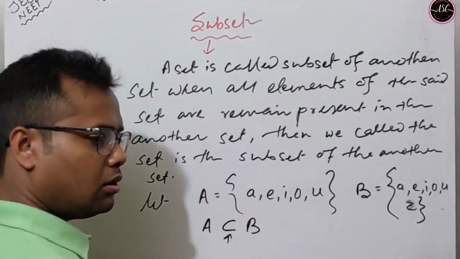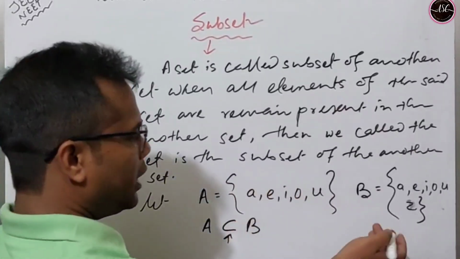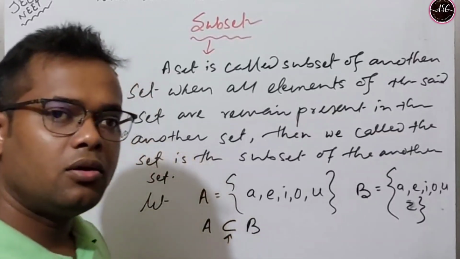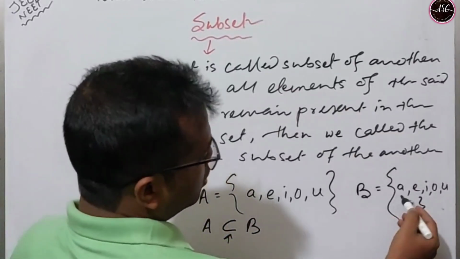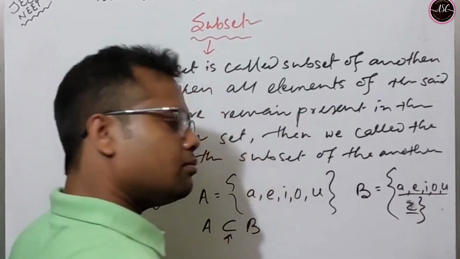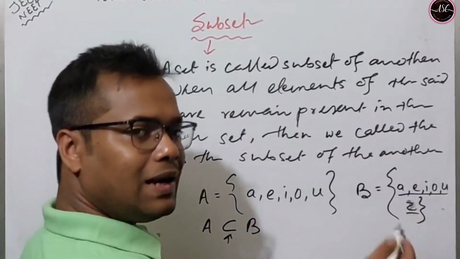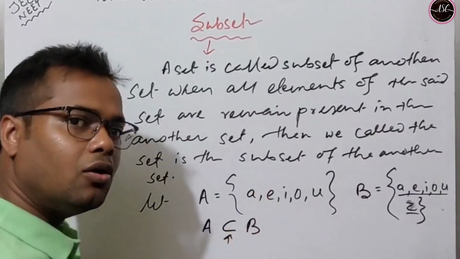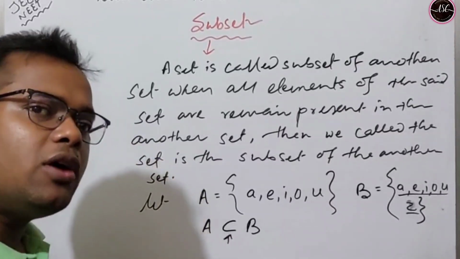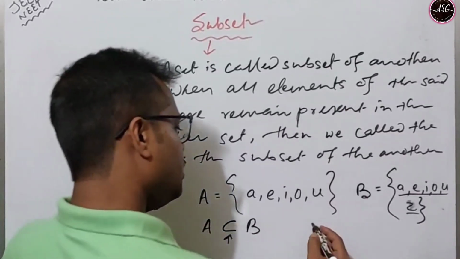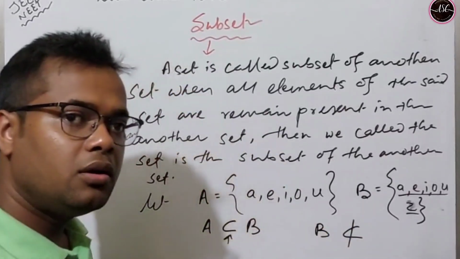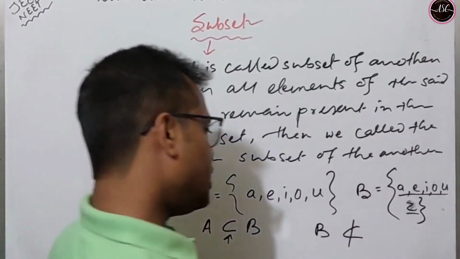But here, vice versa, B is not a subset of A. Why? Because all the elements of B are not present in A, not the elements of A. So here B not subset A. This sign is called not subset.